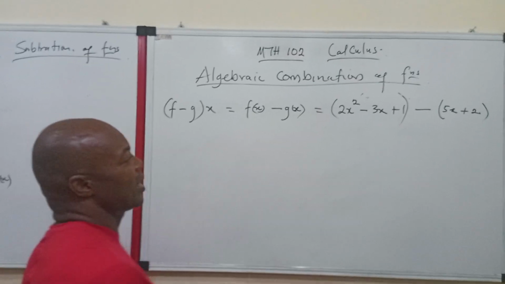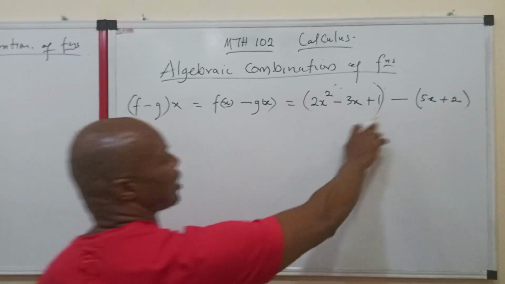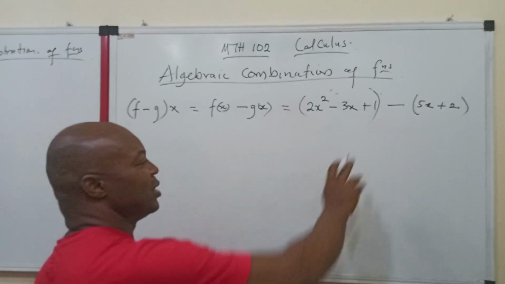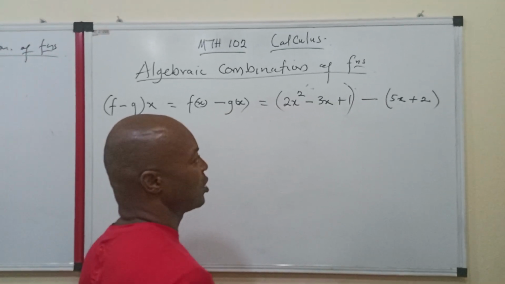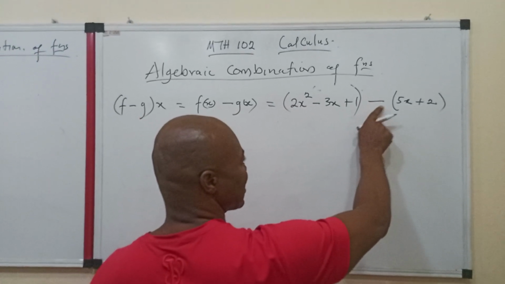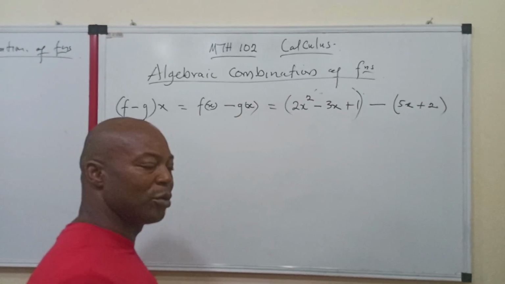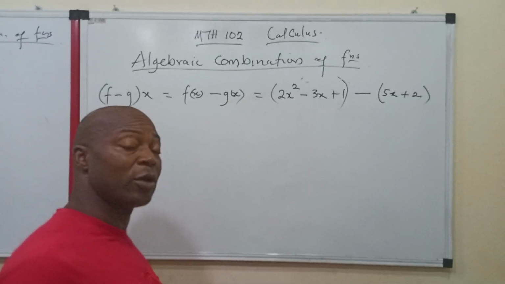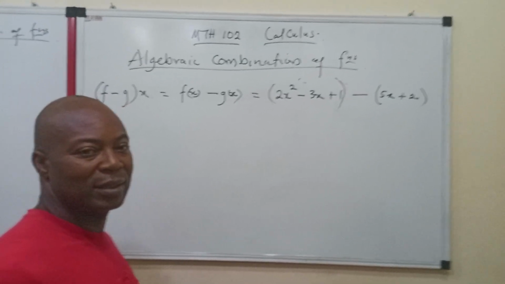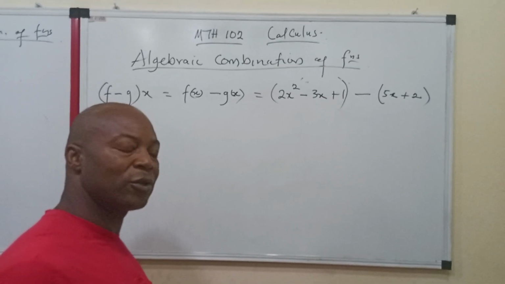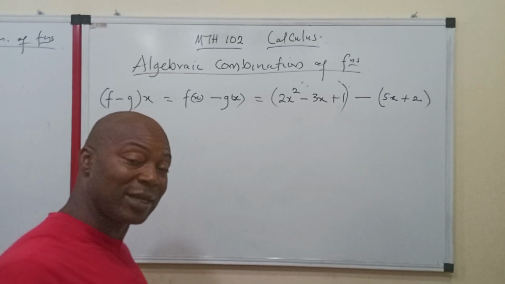Now, in this case, you can see that the operator here has changed from addition to subtraction. Now, this sign here is affecting everything here. Remember, the sign in front of any number affects that number only.